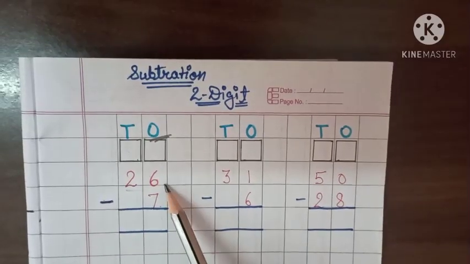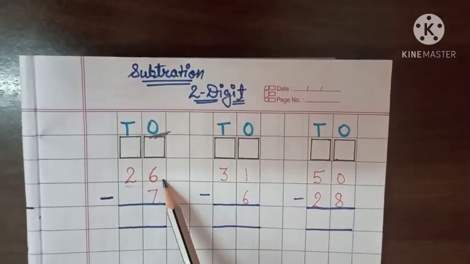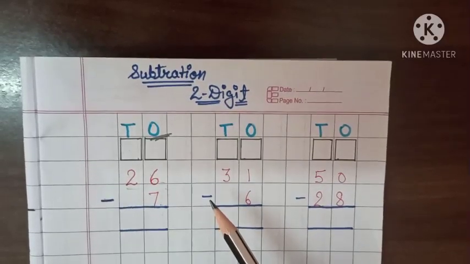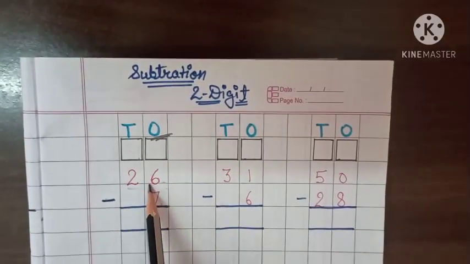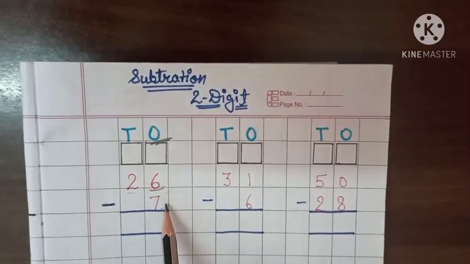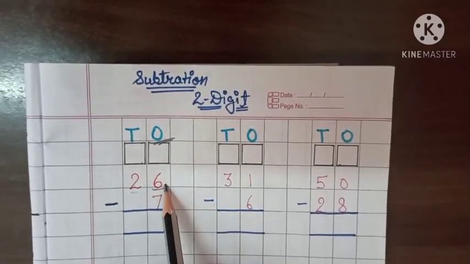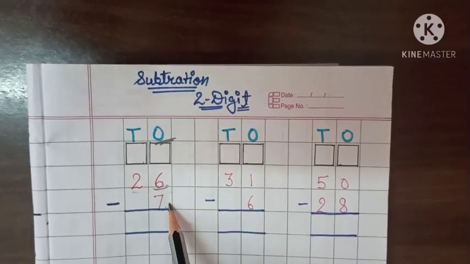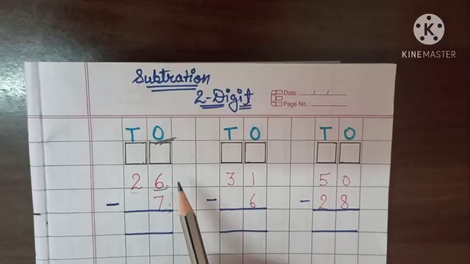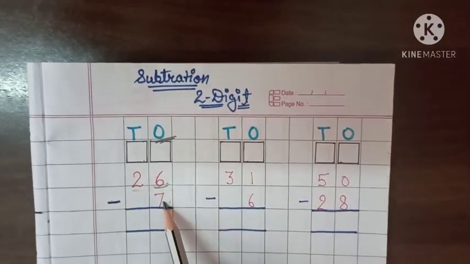Look, at ones place we have 6 and 7. So in subtraction, first we have to observe, is this number greater than this or smaller than this? So 6 is less than 7 or greater than 7? Good. 6 is less than 7.